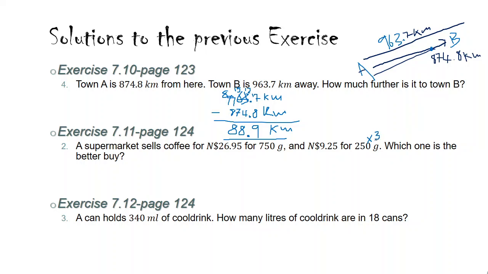If it has the same grams, then you compare the prices. Once you multiply the grams by 3, you multiply the price also by 3. Of course, that is obvious. If you multiply 250, let me just do that.